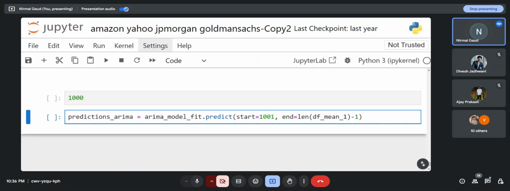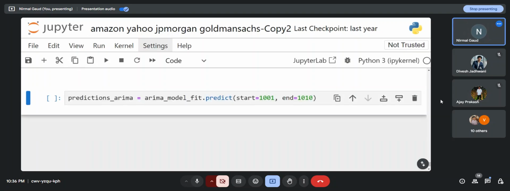And if you want 10 predictions only, I will end with 1010. This will give you the future 10 predictions. Got it? This is how you have to do it. I hope this makes sense.